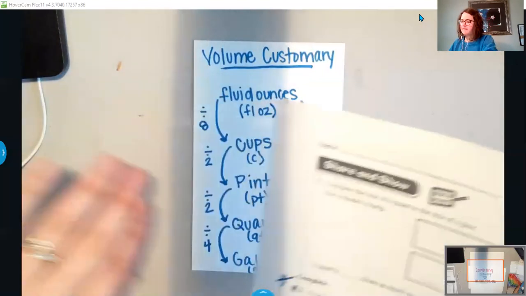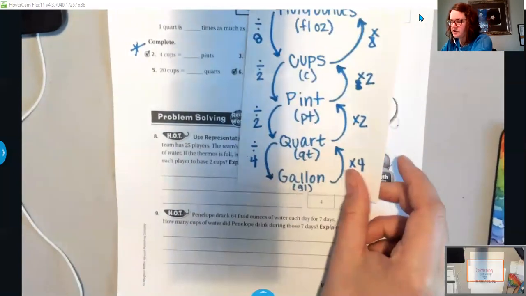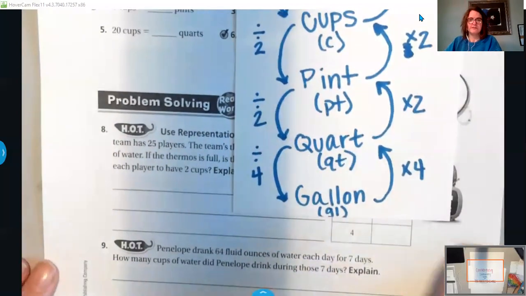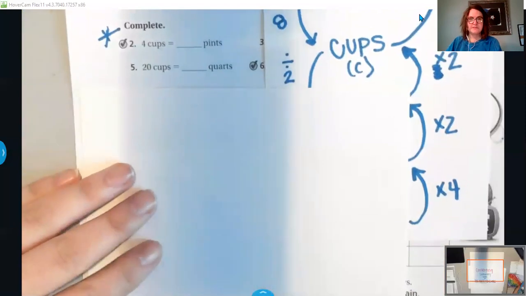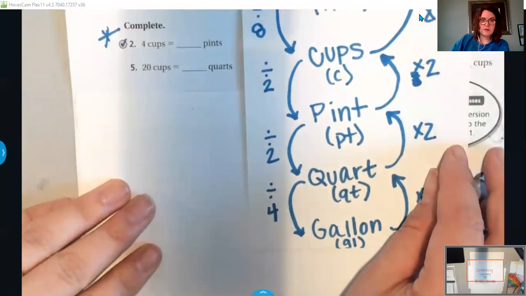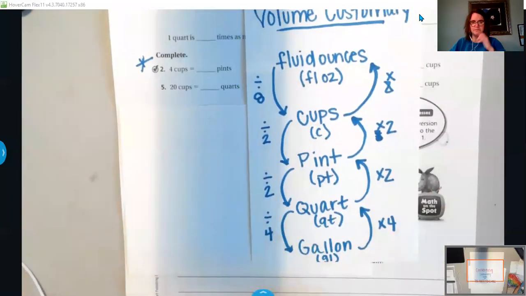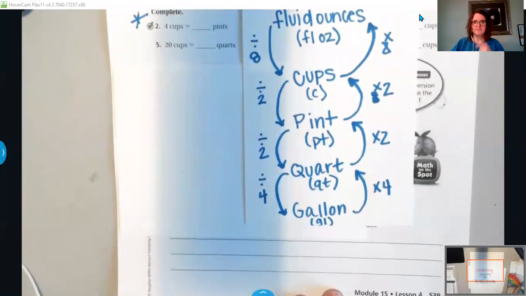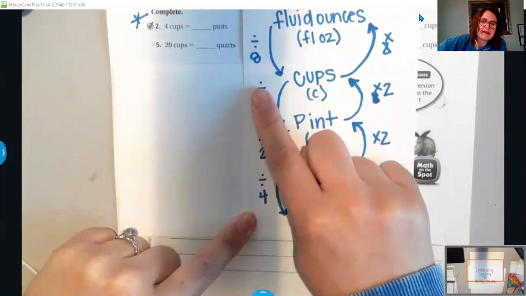All right, let's move on to some simple problems with this. So we're going to start with some conversions. So let's start with cups to pints. When I look at cups to pints, I'm going to see cups point down to pints, and I divide by 2.